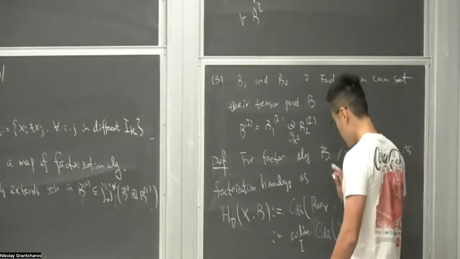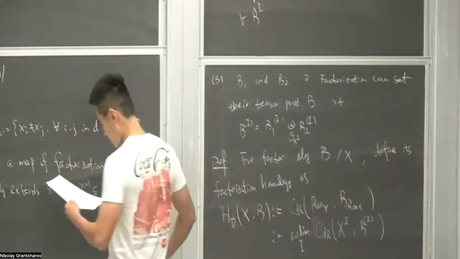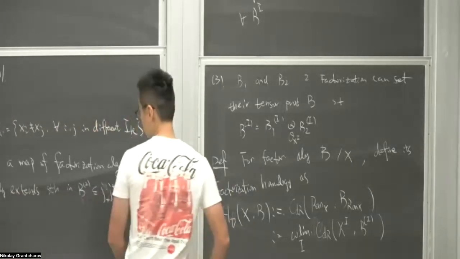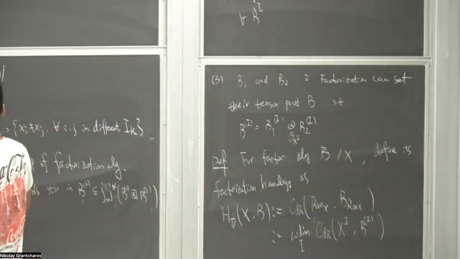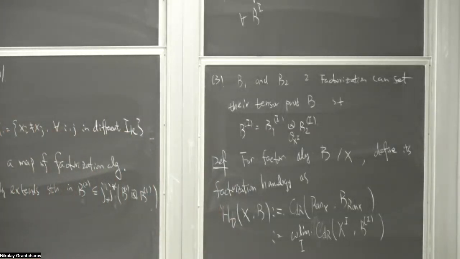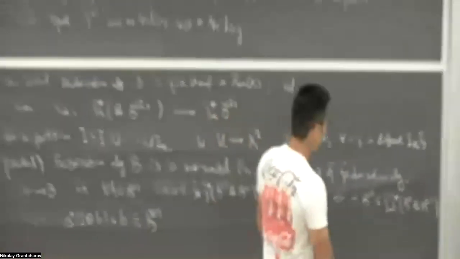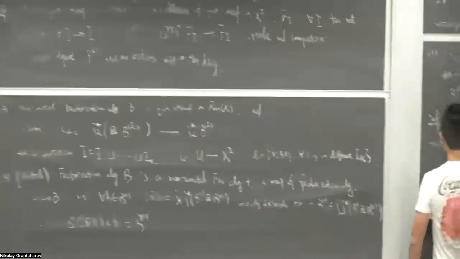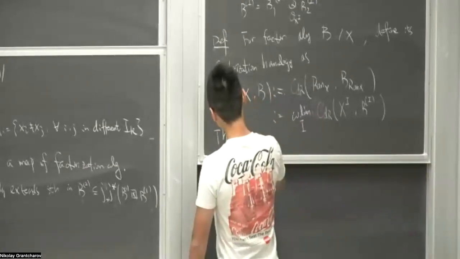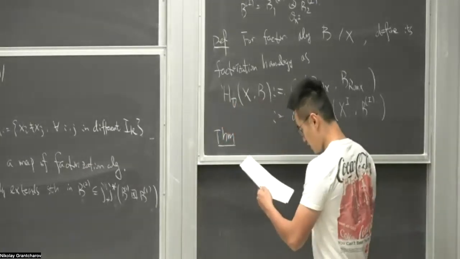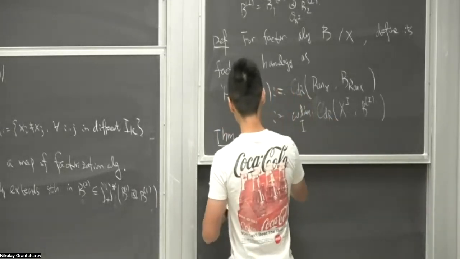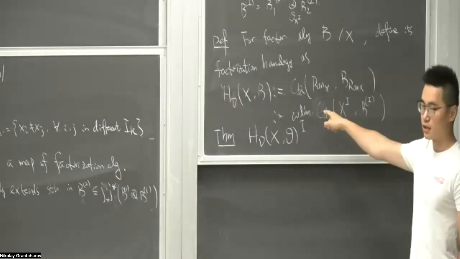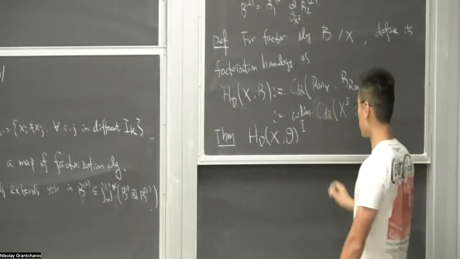All right, so these are quite abstract definitions. But there's a proposition analogous to the fact that Ran X is contractible, which I won't prove: the factorization homology for this trivial factorization algebra is just the same.